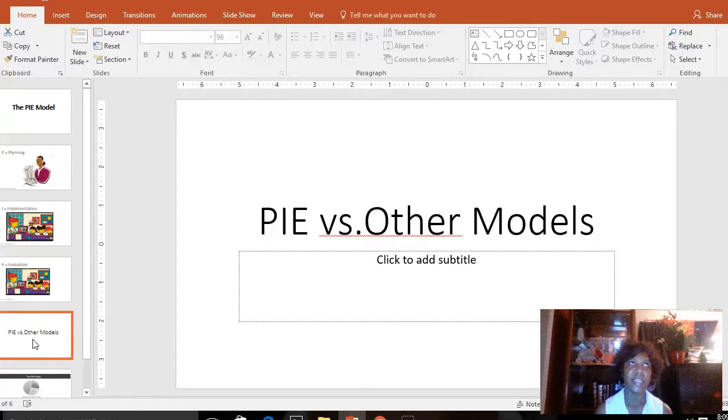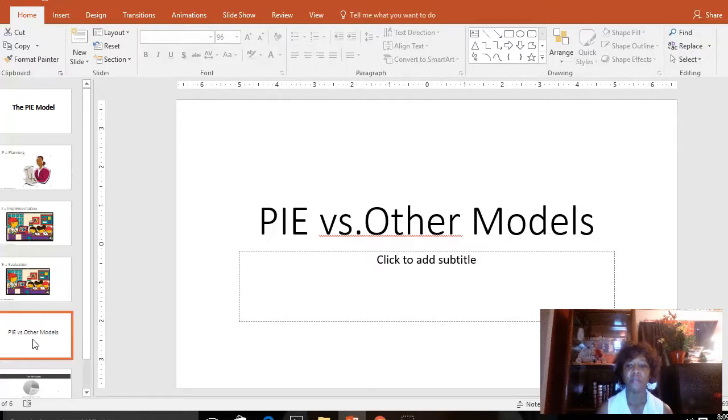With the Gerlach and Ely model, it consists of a mixture of linear and concurrent developmental activities with lengthy steps, and there are steps within those steps. But that's not the case with the PI model. Again, those activities involve lengthy steps. It's kind of a tedious process. So that's not the case with the PI model.